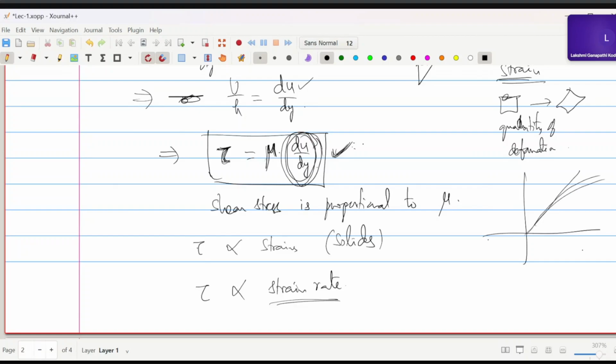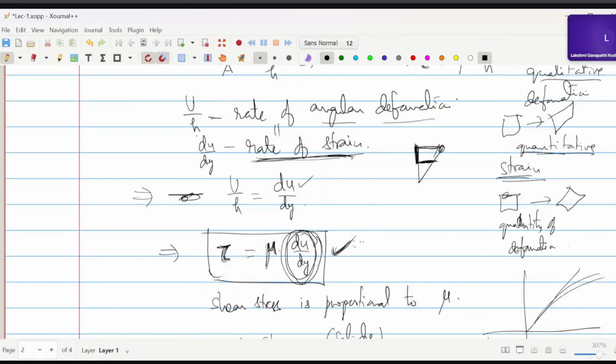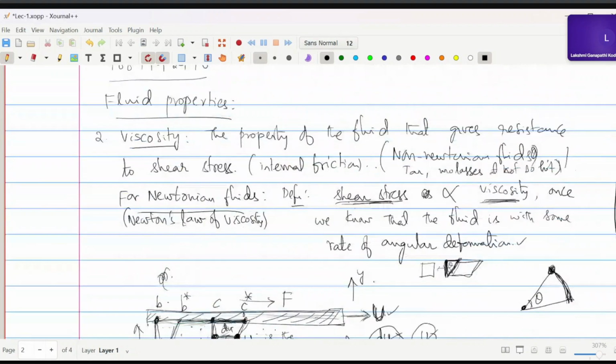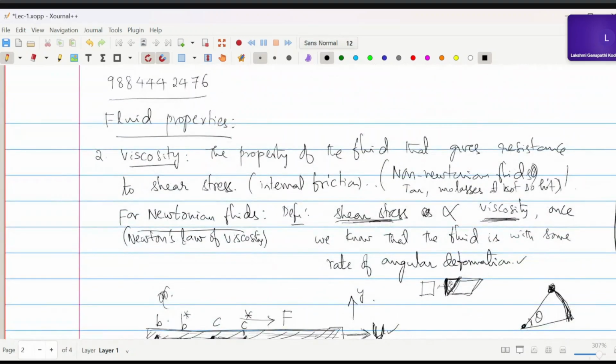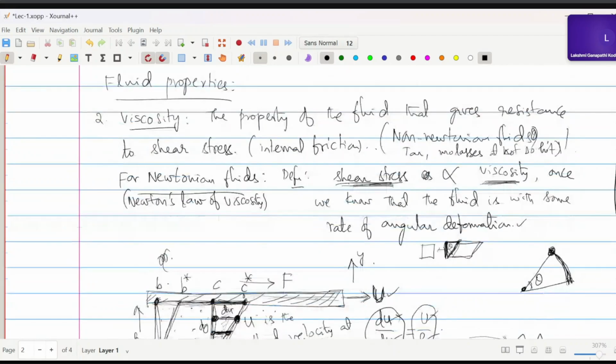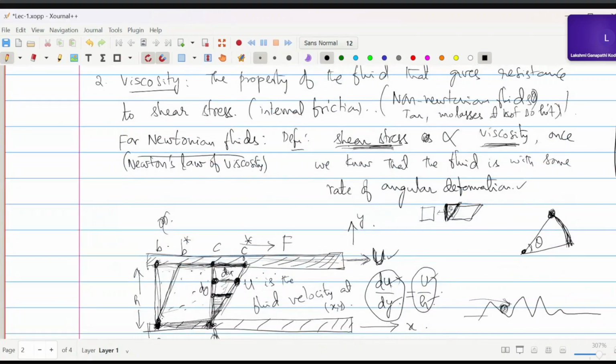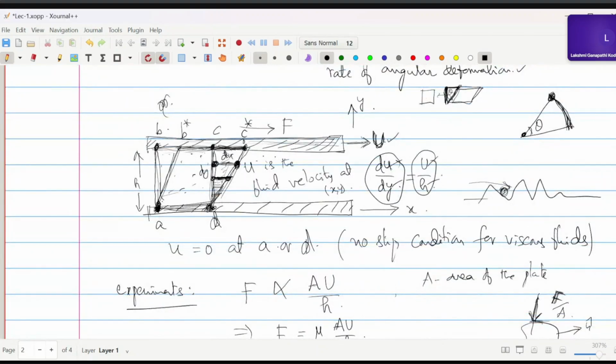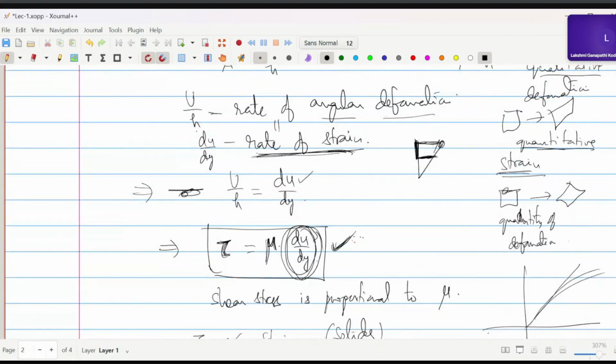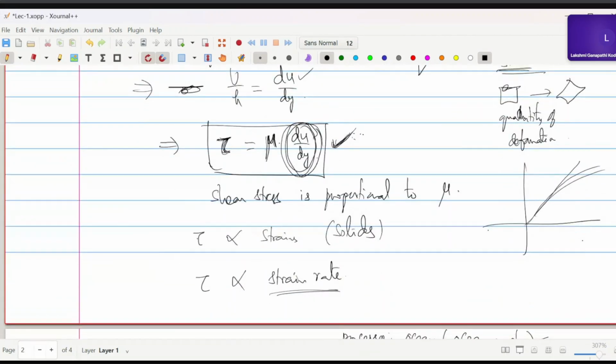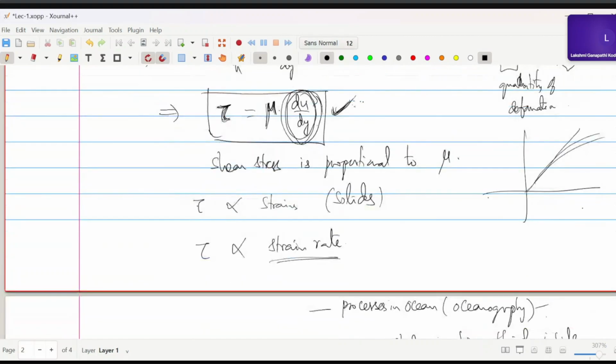So that is the reason we say that this, whatever you just now defined, is viscosity. For Newtonian fluids, that is Newton's law of viscosity: shear stress is proportional to the viscosity at the given rate of angular deformation, or strain rate. Given a strain rate, shear stress is proportional to mu.